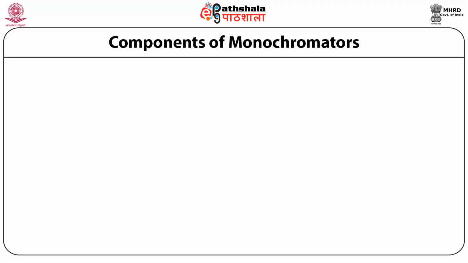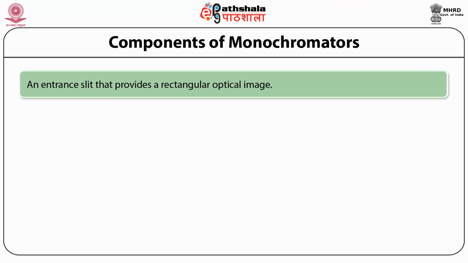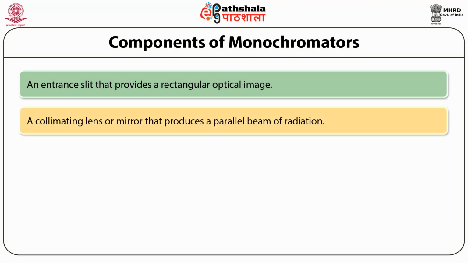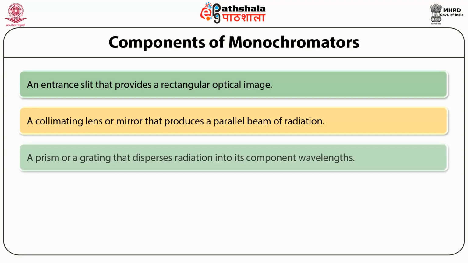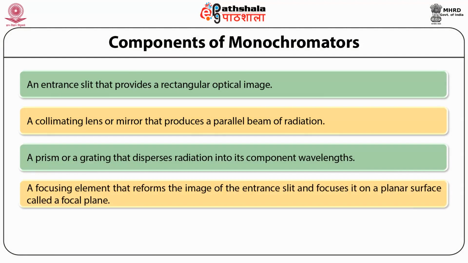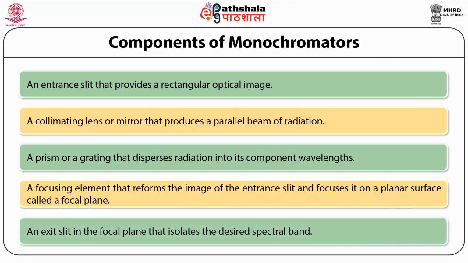A monochromator consists of an entrance slit that provides a rectangular optical image, a collimating lens or mirror that produces a parallel beam of radiation, a prism or a grating that disperses radiation into its component wavelengths, a focusing element that reforms the image of the entrance slit and focuses it on a planar surface called a focal plane, and the last part is an exit slit in the focal plane that isolates the desired spectral band.